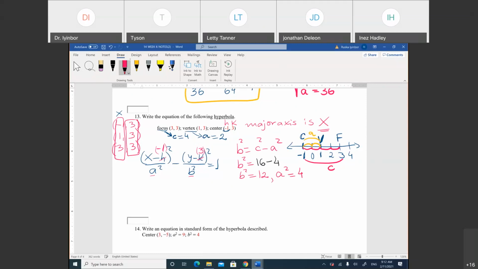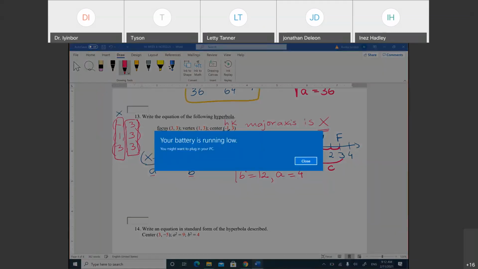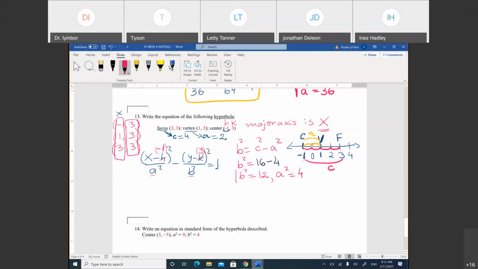So we have B squared, we have A squared. And we're gonna write the final equation. Remember, the answer always has to have X and Y, and all the other letters are gonna be replaced with numbers, okay?